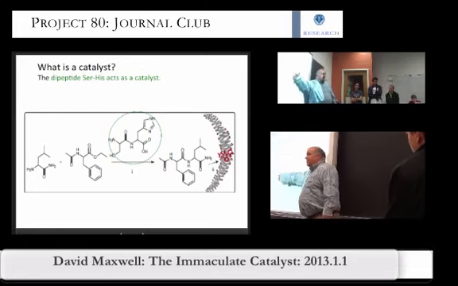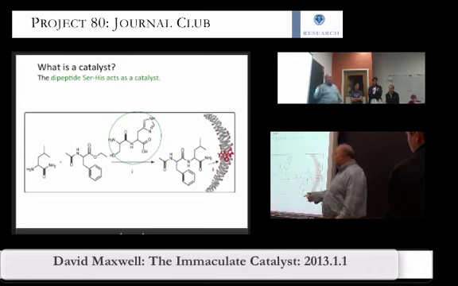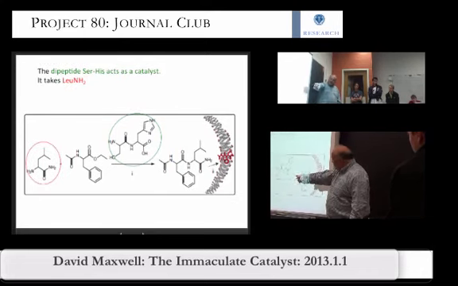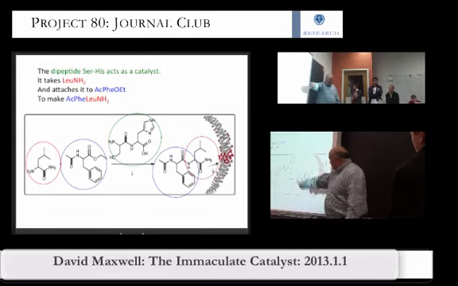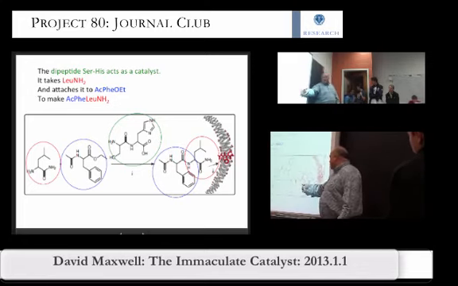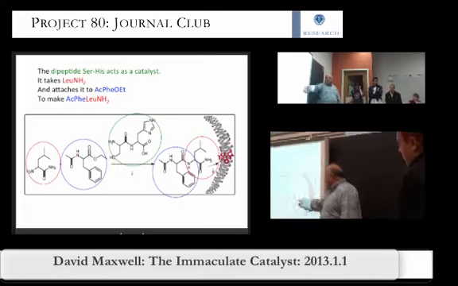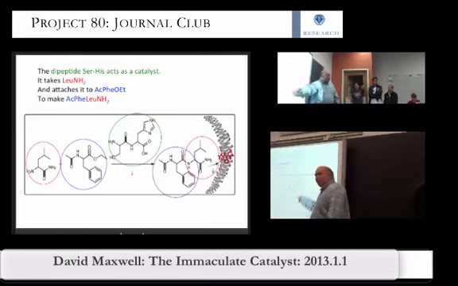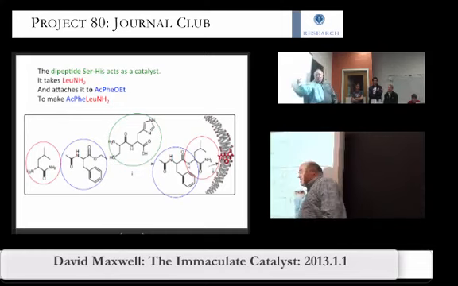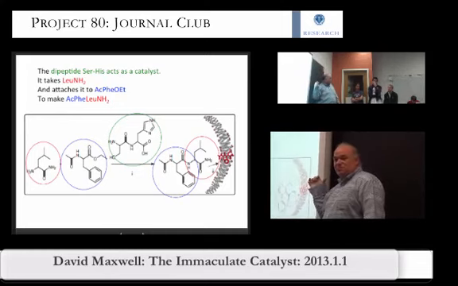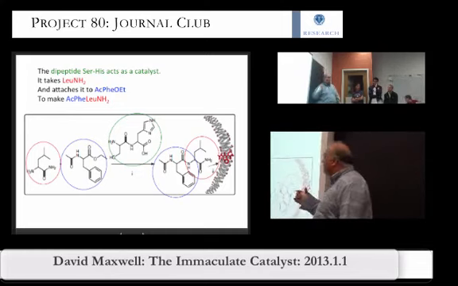And this is a dipeptide that serves as a catalyst, okay? Basically it takes that thing there, attaches it to that thing, and you get this thing. And then this thing is actually hydrophobic, and it'll localize to the membrane. Because this localizes to the membrane, that pulls the reaction in this direction. Does that make sense? Okay.